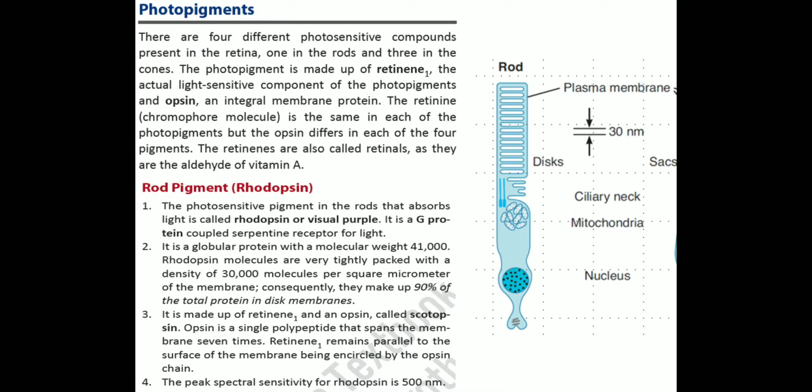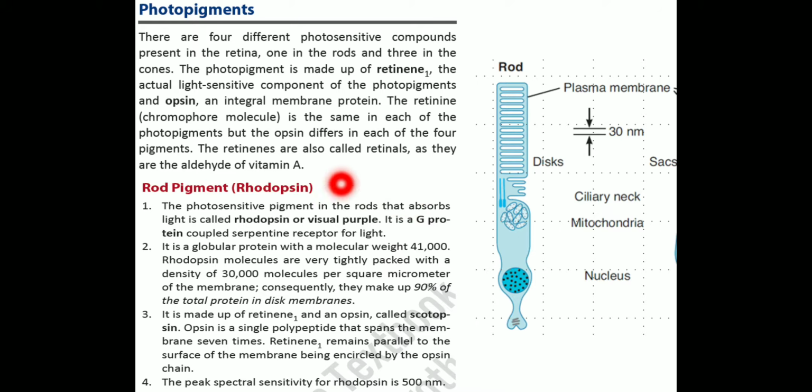Let us discuss the photopigment. In the rods, the photopigment is made up of retinine, the actual light sensitive component, and opsin, an integral membrane protein.